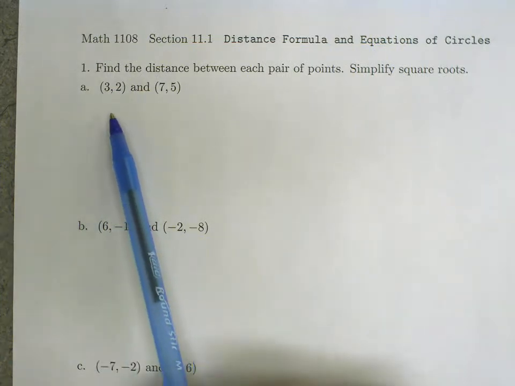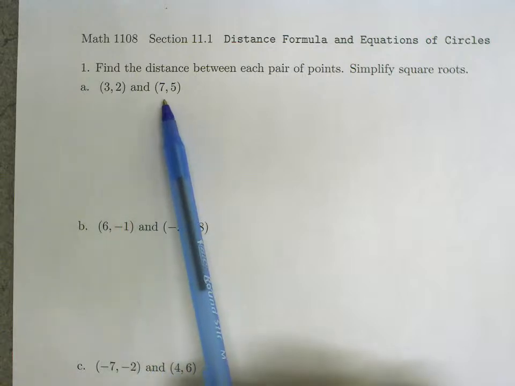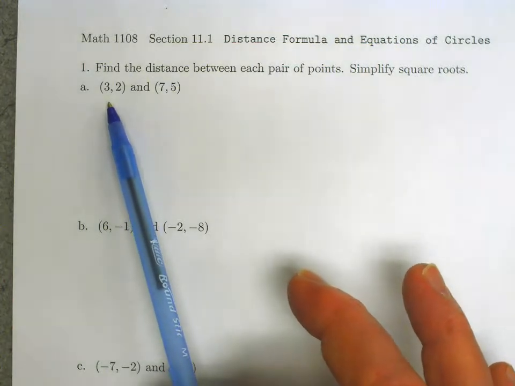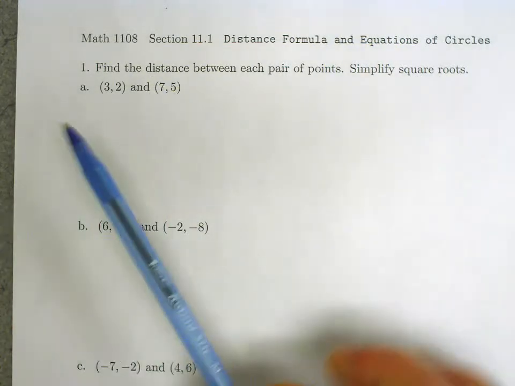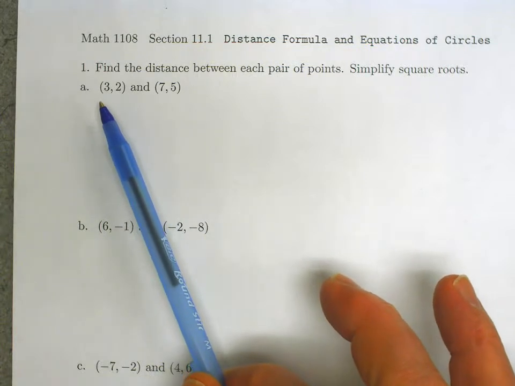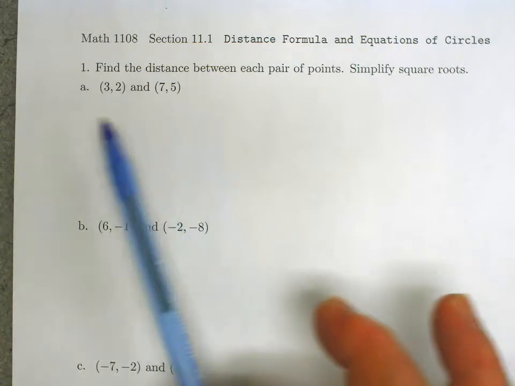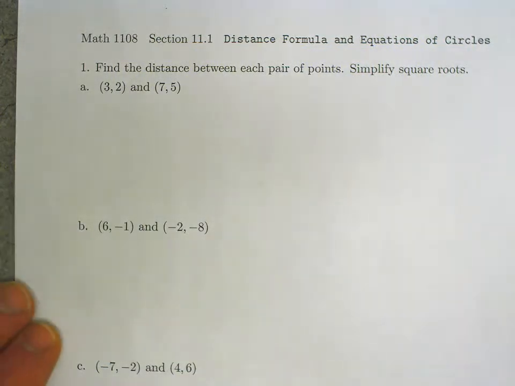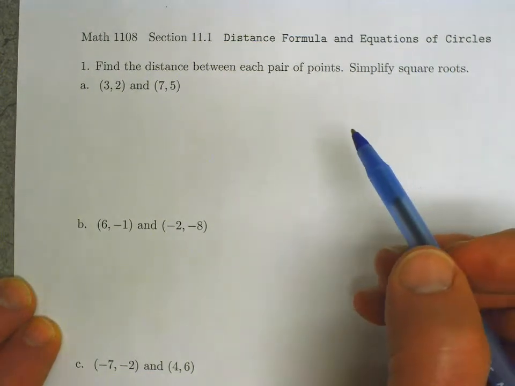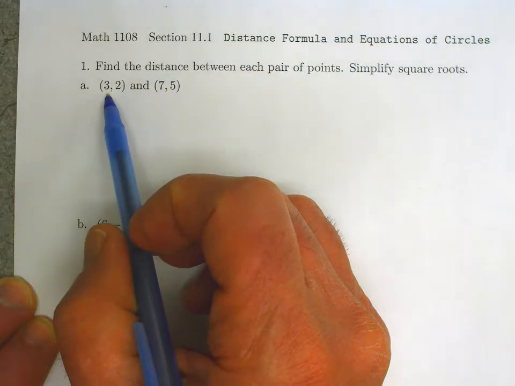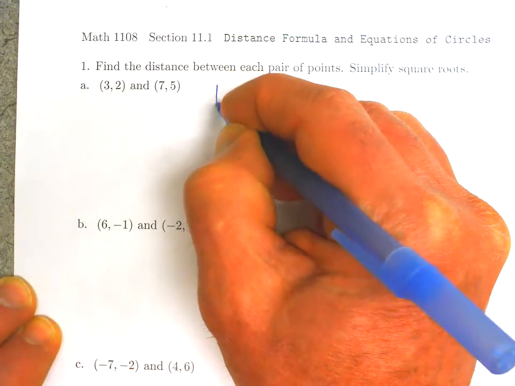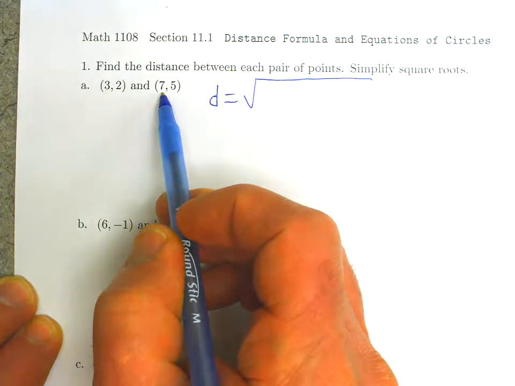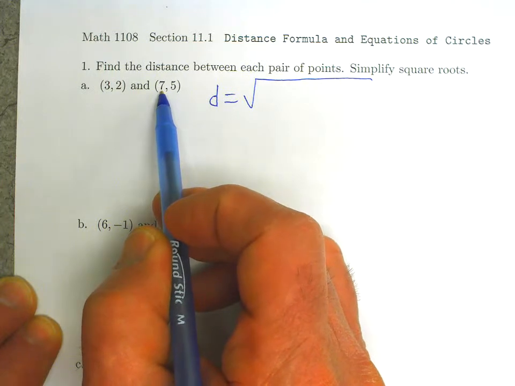Okay, find the distance between the 2 points, 3, 2, and 7, 5. When using the distance formula, it doesn't matter which point you label x1, y1 and x2, y2. You can do them in either order. And so first I'm just going to find the difference in the x coordinates.